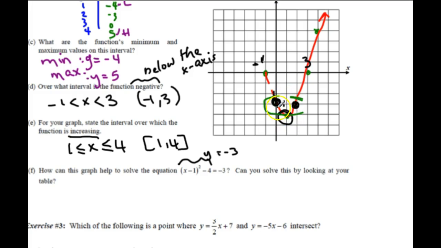I look for the points and then I look for where they intersect the graph. Then I go up and find the x value. So I know one is going to be when x is 0 and the other when x is 2.